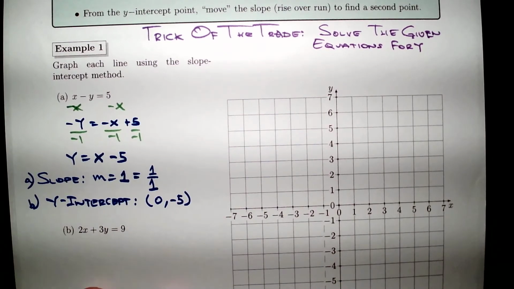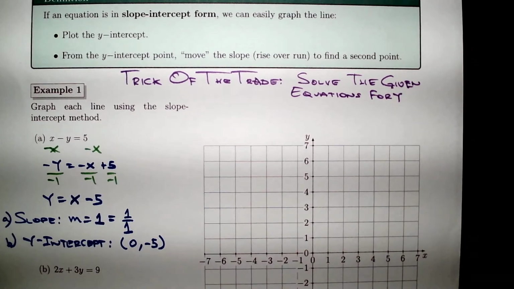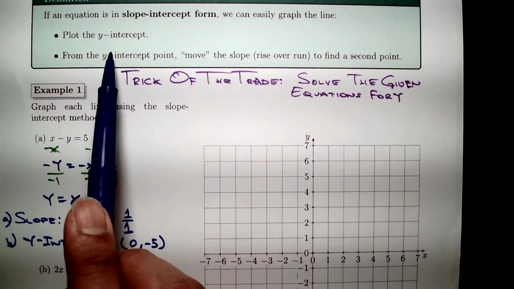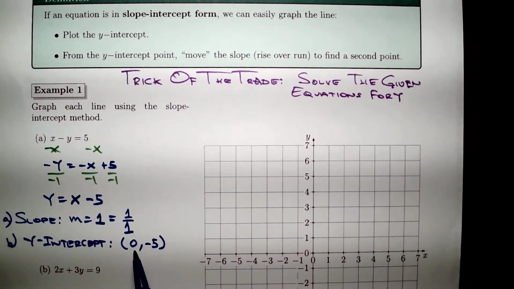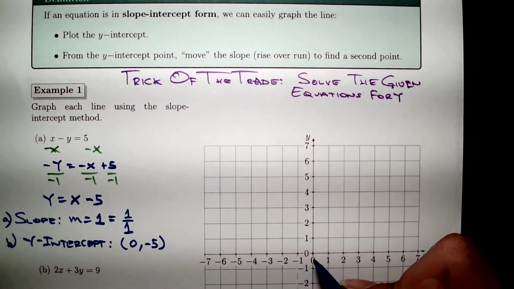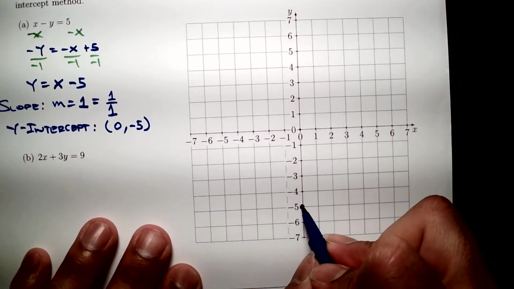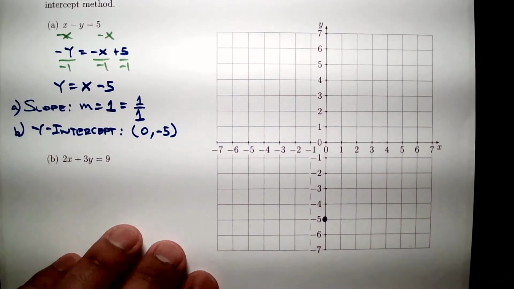Let's follow the method described in the green box. Plot the y-intercept, which is 0, negative 5. It's right here. Then use the slope.